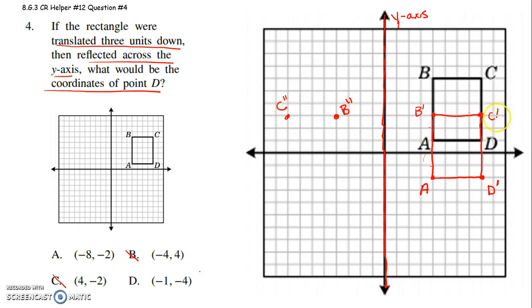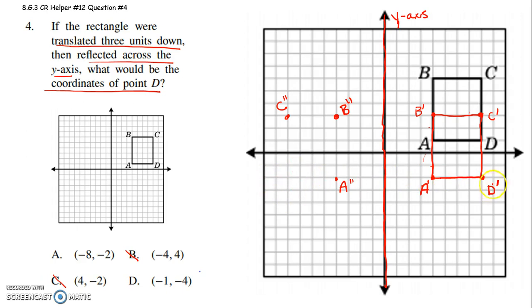C prime was over here on the right-hand side of the rectangle. Opposite orientation means C double prime's now on the left-hand side of that rectangle. All right, A prime is 1, 2, 3, 4 to the right. So I know it's going to be 1, 2, 3, 4 to the left. A double prime. And still, this better be 5 units long. 1, 2, 3, 4, 5. The rectangle can't change. It's going to be congruent.